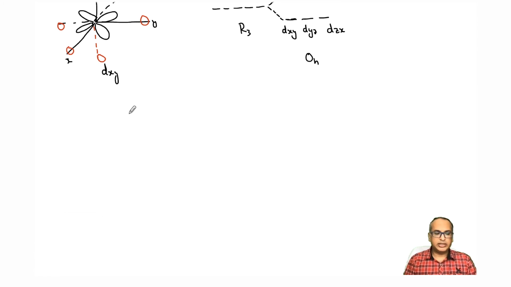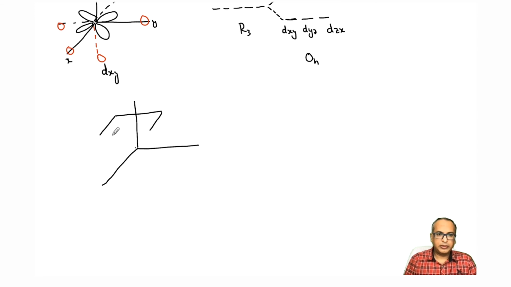So why does this order get reversed? If I try to draw a tetrahedral field around my isolated central atom, my metal is still sitting here at the origin. I'm drawing a cube around this so that drawing the tetrahedral arrangement would be easier.